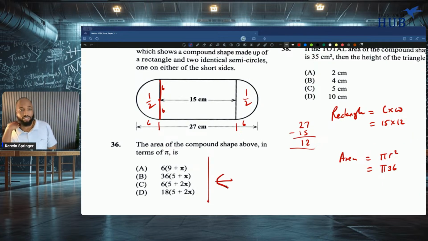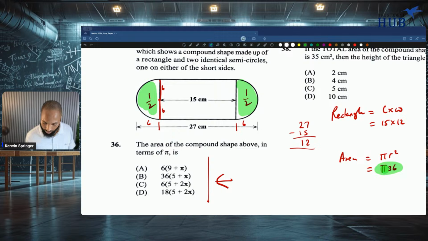We have the area of the circle. We just found that. That's pi times 36, r was 6, so this is pi times 6 squared. We found out that the radius is 6 by subtracting and dividing by 2.